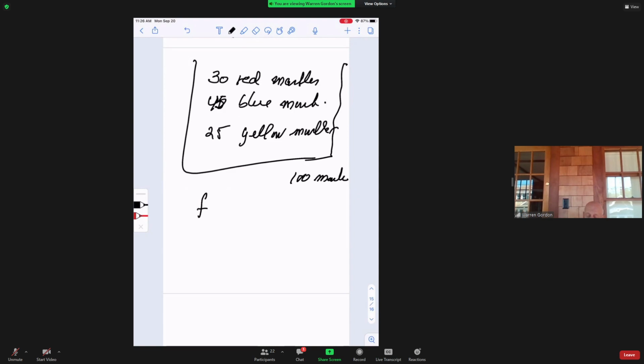The relative frequency of getting a red marble, what do you think it's going to be? It'll just be 30 out of 100, right? If this were an idealized experiment and we mix them up really well, or 0.3. The relative frequency of getting a blue marble would be 45 over 100, or 0.45.